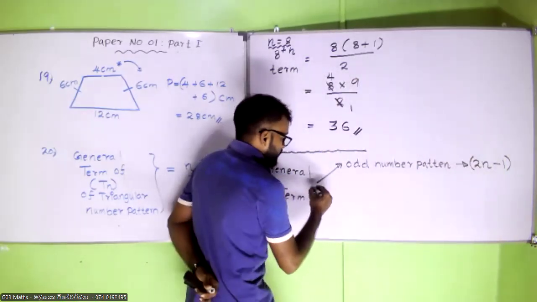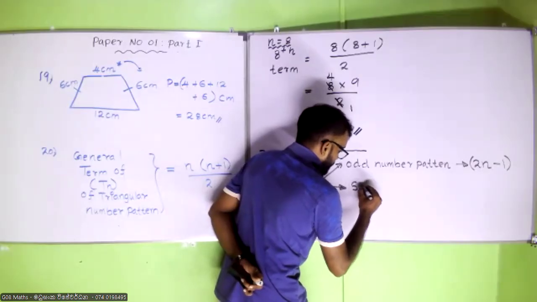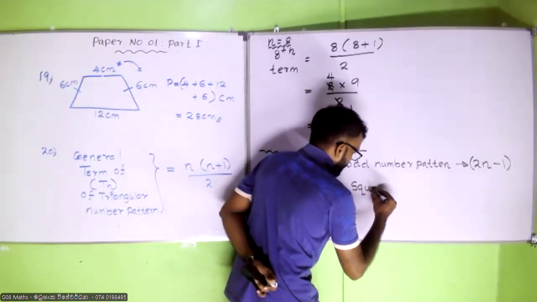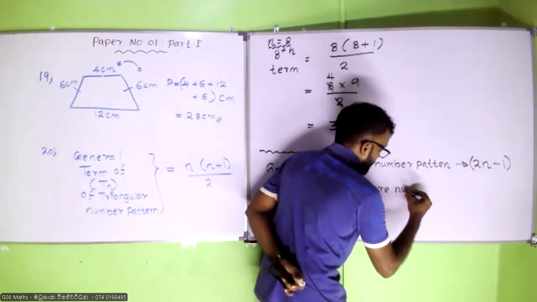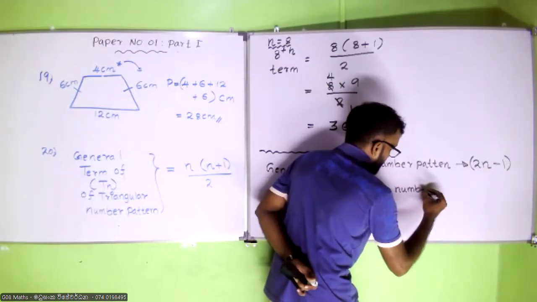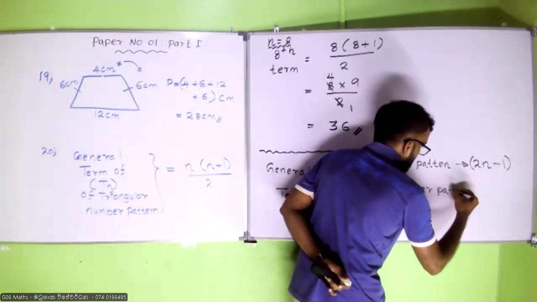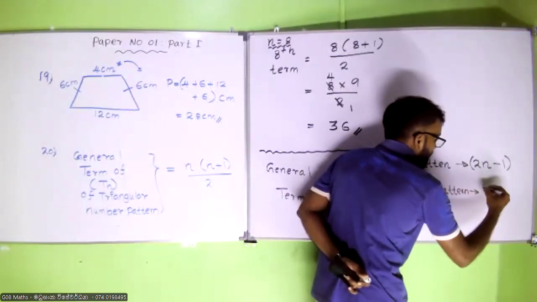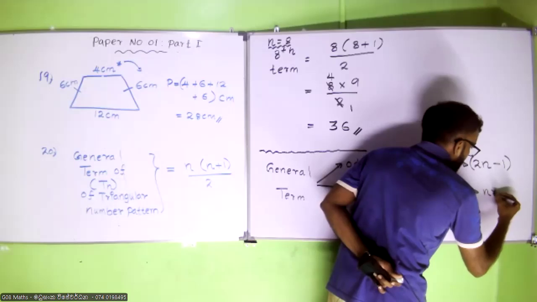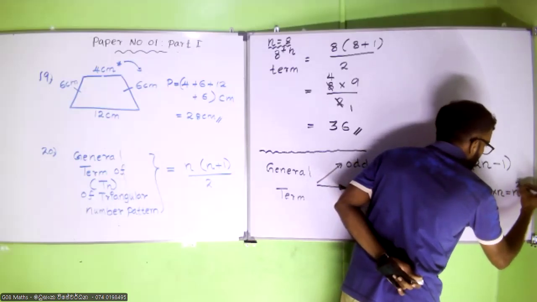Then the general term of square number pattern. What is it? N into n. Yes. It is n into n, or n squared.